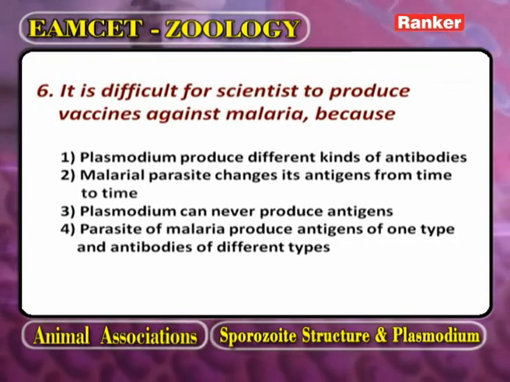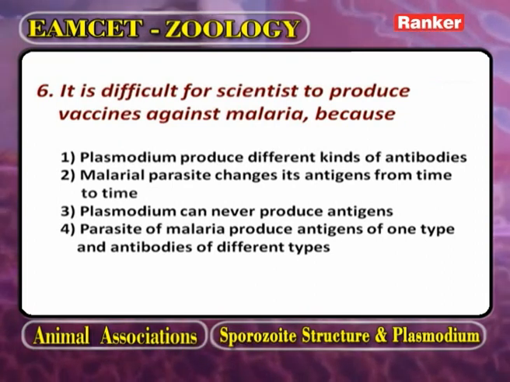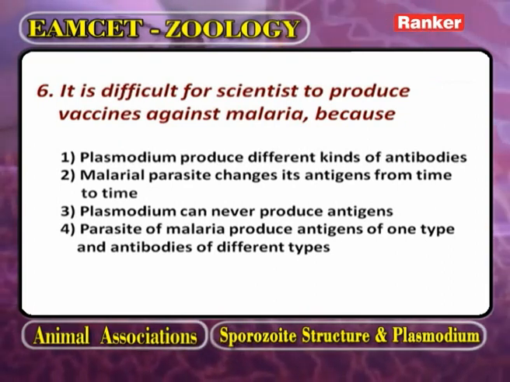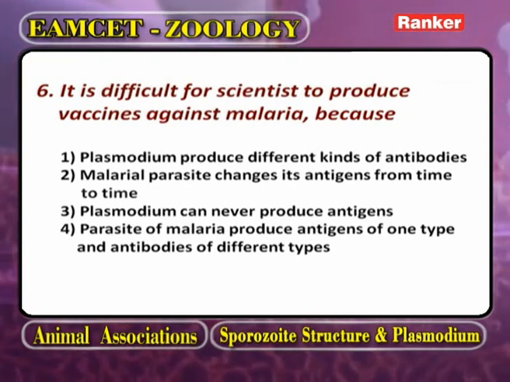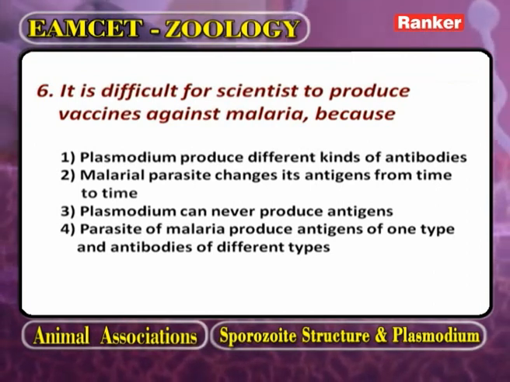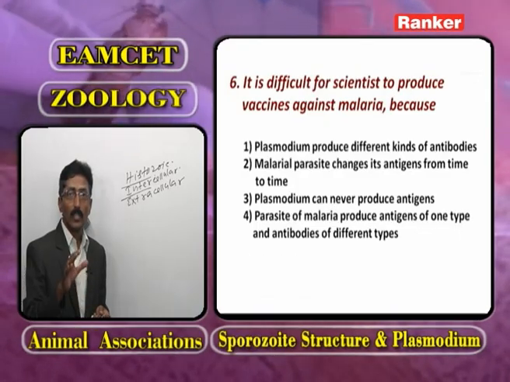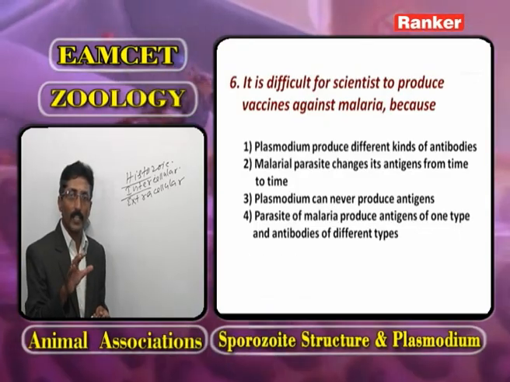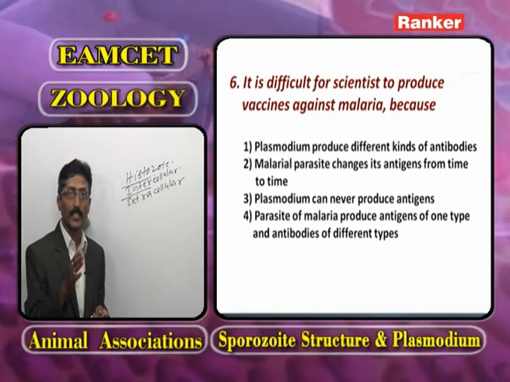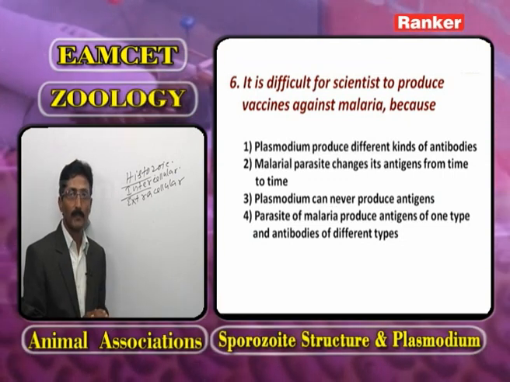It is difficult for scientists to produce vaccines against malaria. Here we have to discuss this concept. In animal associations, we already learned the effects of parasites.